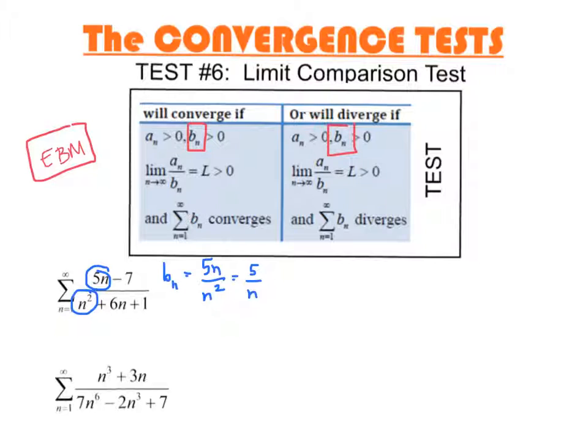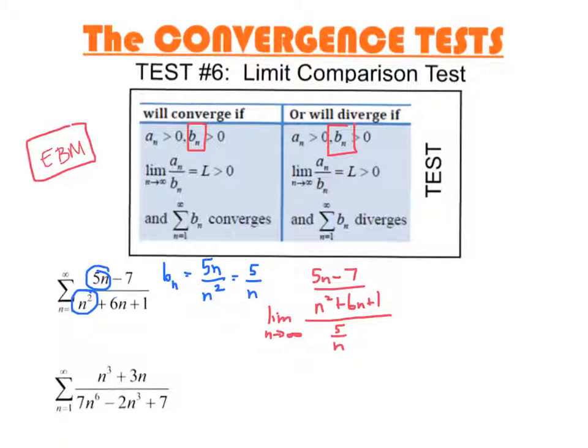So the test says take your original series, so let me write the whole thing, 5n minus 7 over n squared plus 6n plus 1, divide it by your end behavior series, 5 over n, and evaluate the limit as n approaches infinity.